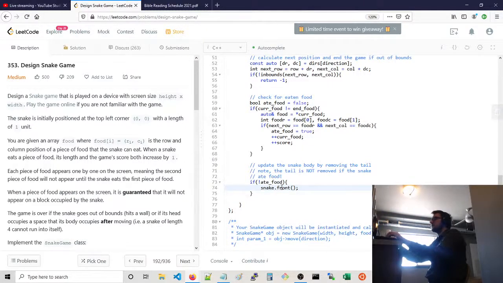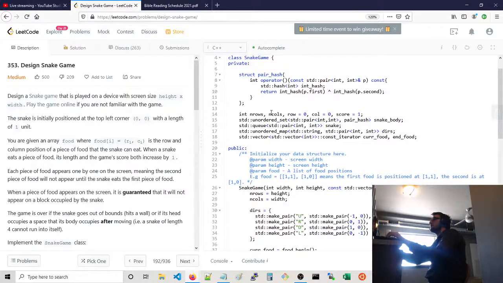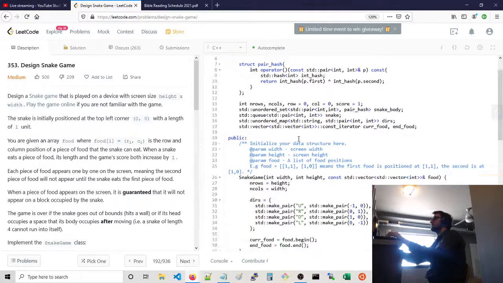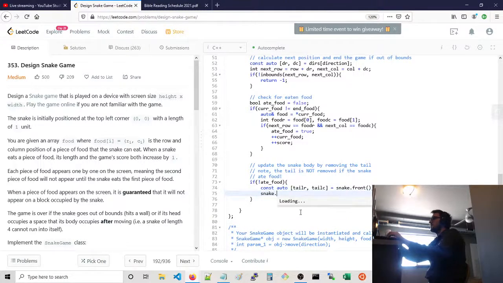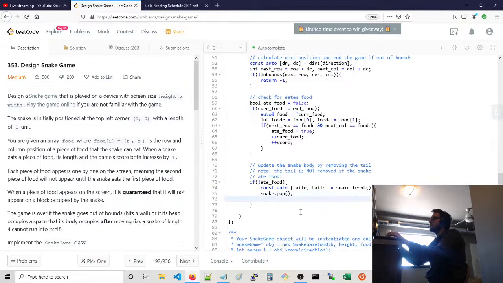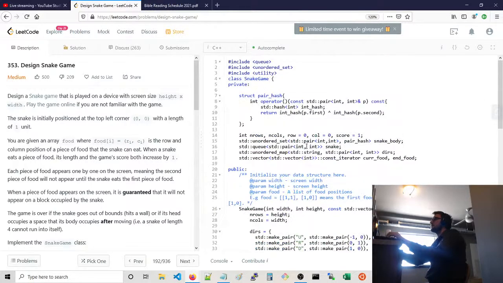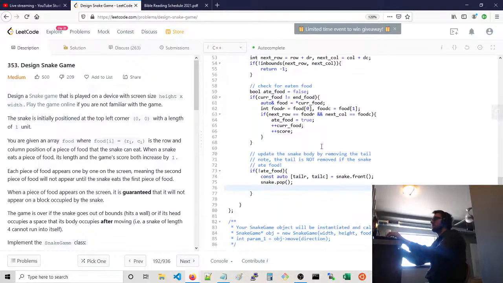The front is a pair of things. Yeah. So we have const auto tail row, tail column is snake front, snake.pop. I believe that's what we want. And so that's if we didn't eat the food. And we're going to remove the tail from the set, which is snake body.